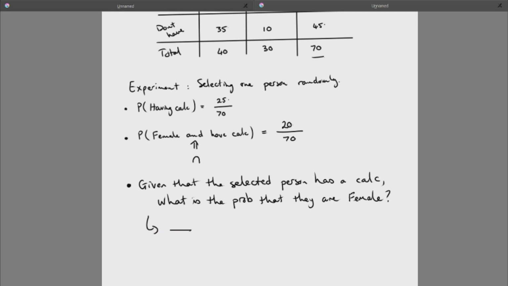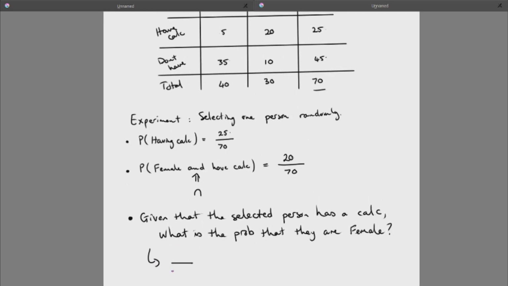So it's only going to be out of those people that have a calculator, because it's given extra new information that I can use. Then, out of those people, what is the probability that the person is female?